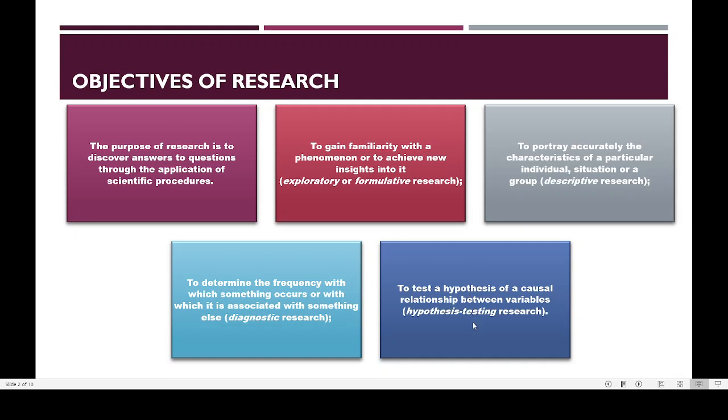Then there is one more type of research, which tests a hypothesis of a causal relationship between different variables. I will also tell you about that. Sometimes we say, for example, that the speed of a car is related to the shape of the car.